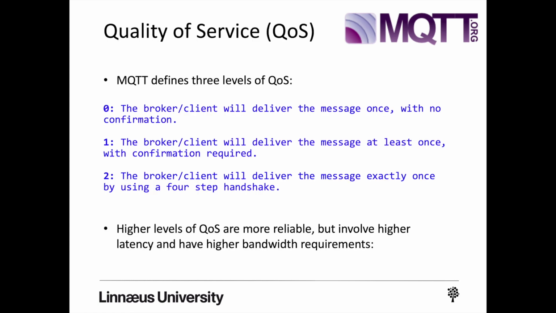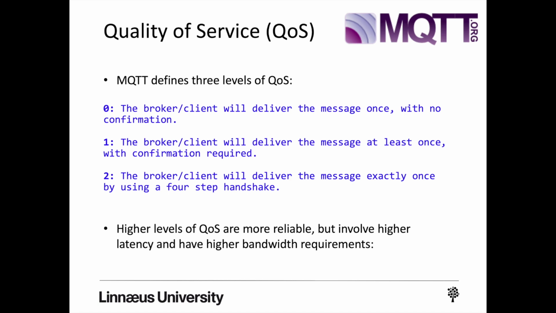Then there is another concept in MQTT, that is the quality of service. MQTT defines 3 levels of quality of service: 0, 1 and 2. In the case of 0, the client or broker will deliver the message, but you don't receive or send any confirmation.